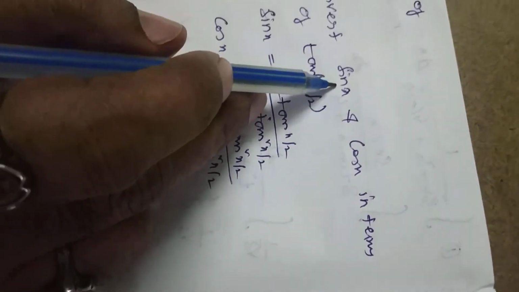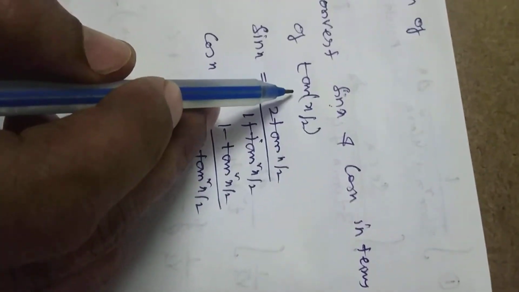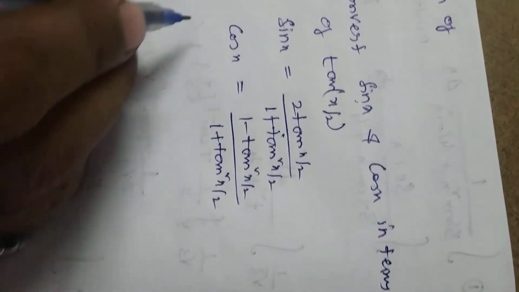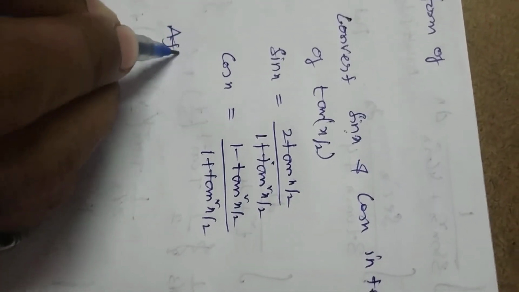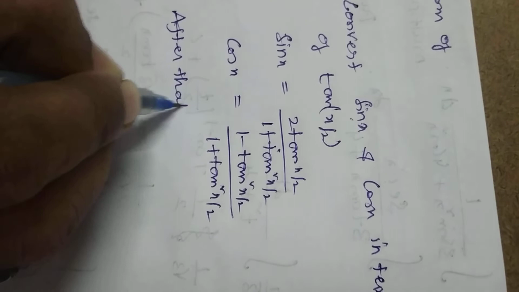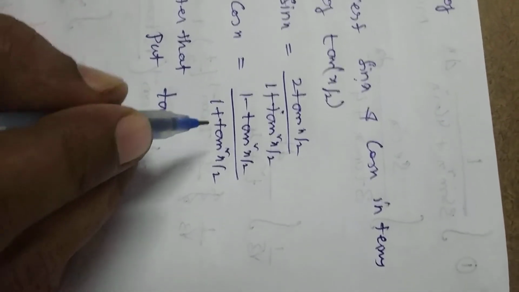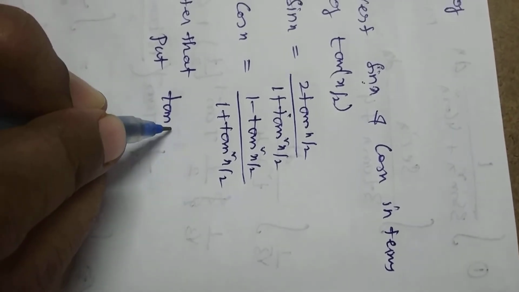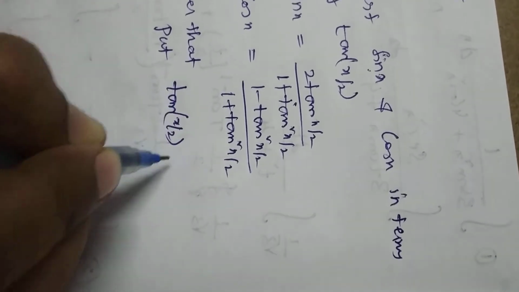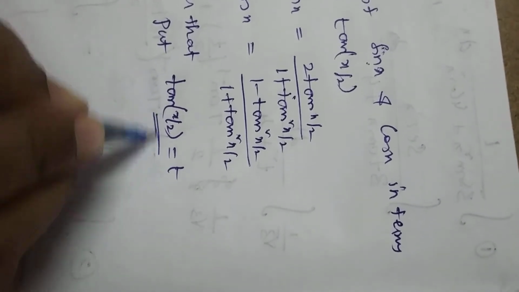These 2 formulas you can use, and we can convert this sin x and cos x in terms of this tan x by 2. And after converting this, after that put tan x by 2 is equal to t. So this is the rule what you have to remember.